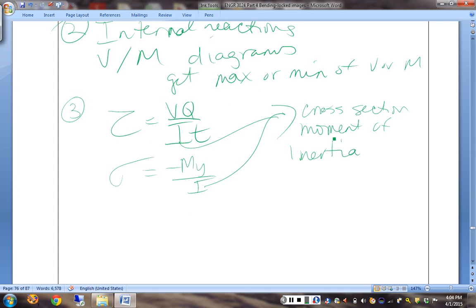Depends. You might have one of those beam tables that says, okay, here is this I-beam, and it'll give you a little drawing that here's my I-beam, and this is one axis, and this is the other axis.